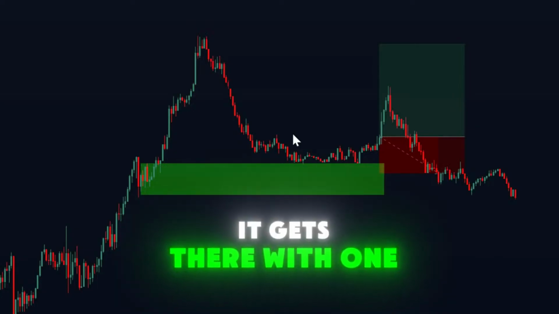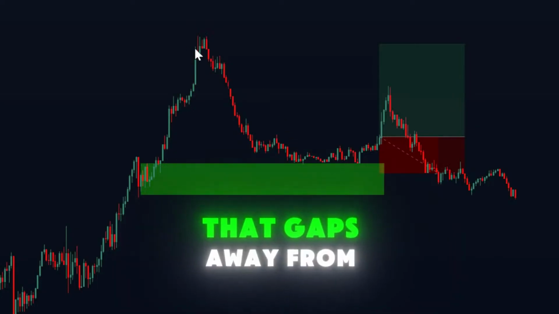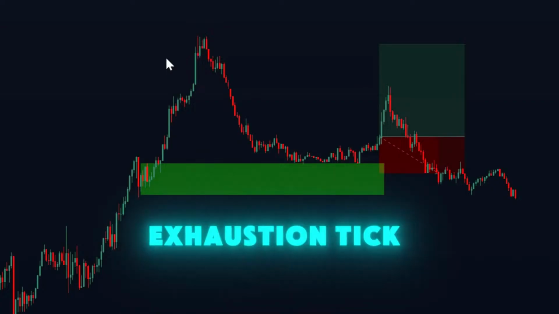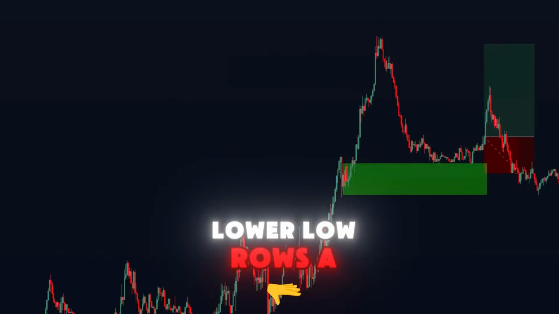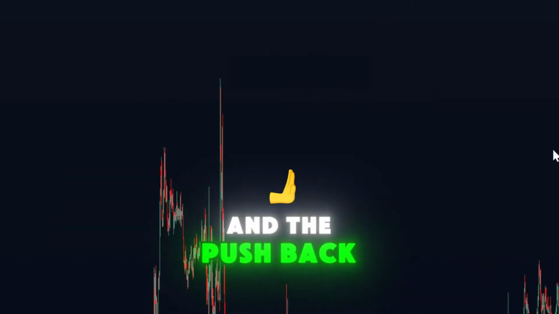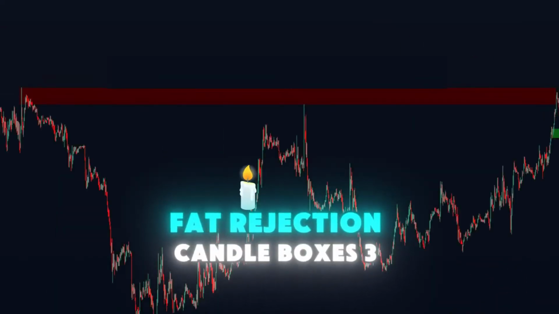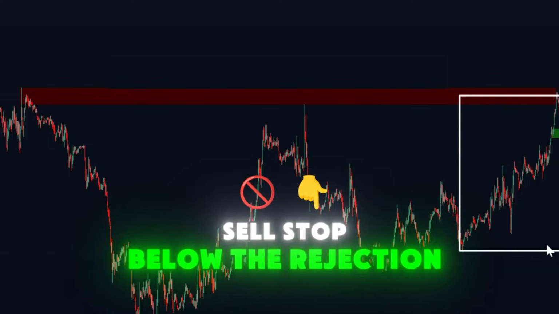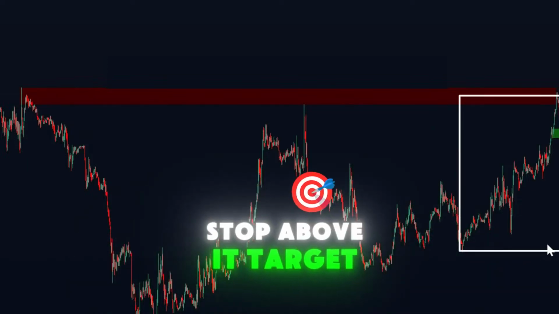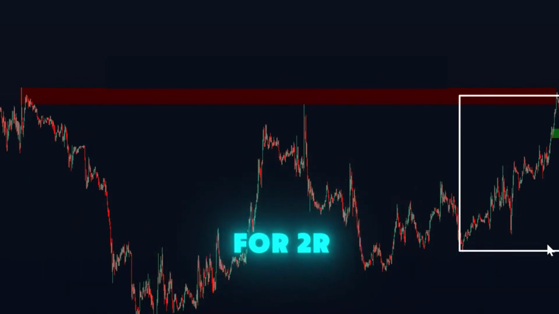It gets there with one greedy candle that gaps away from the pack, box 2, exhaustion, tick. Then it prints a lower low, rolls a lower high, and the pushback up fails on a fat rejection candle, boxes 3 and 4, tick, tick. Sell stop below the rejection, stop above it, target the prior session low for 2R.